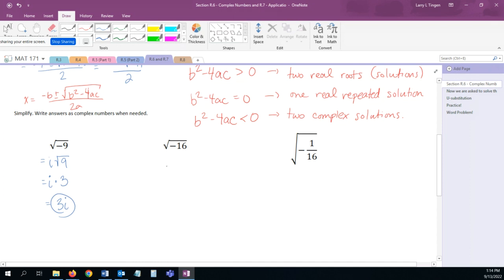Square root of negative 16. Now you're probably already ahead of me here. All right, square root of 16. Because again, what I love to do is try to do the problem in pieces, pay attention to the new part.